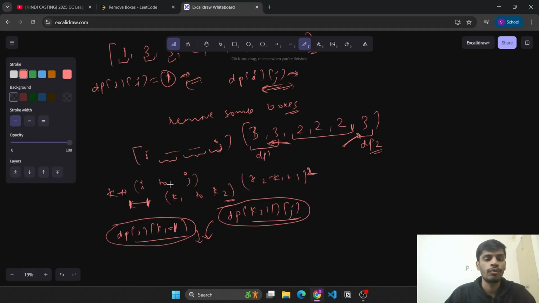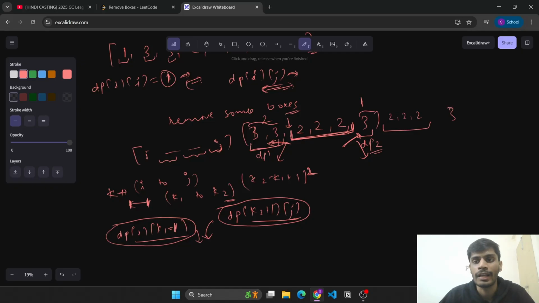Because in the brute force manner we will pick some sequence and remove the continuous sequence from between i to j. But while we have the two new states, we will not be able to merge them such that we account for this 2 and this 1, because there can be multiple states like this. For example, here also it was 2 to 2, and then again a 3 was there. So if we remove this, then we need to add this as well.